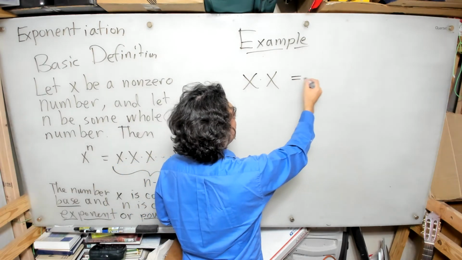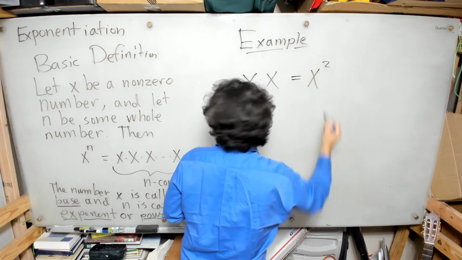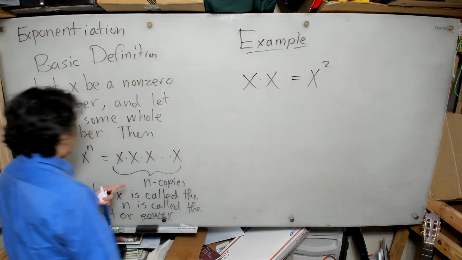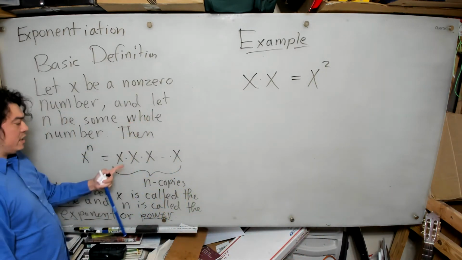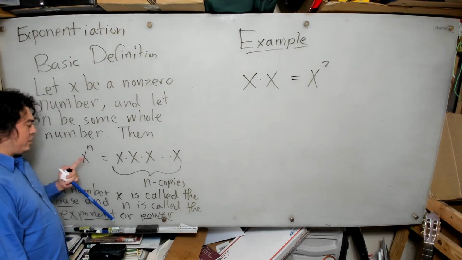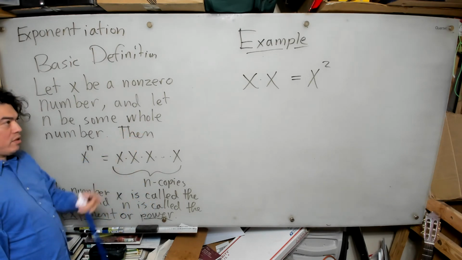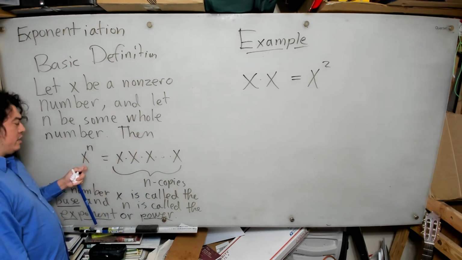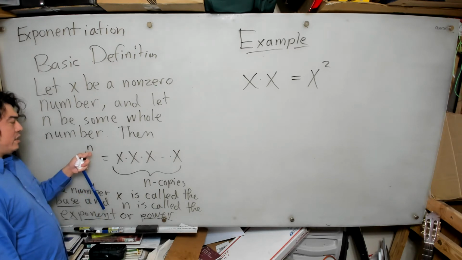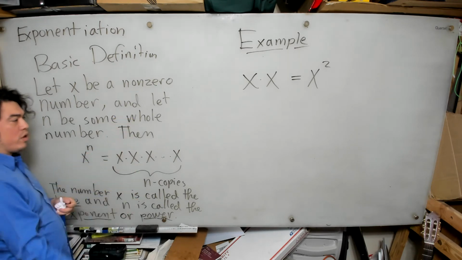Then I know that this is x squared. Why? Because there are 2 copies of x being multiplied together. So since the n refers to the number of copies of the base being multiplied, and since the base here is x, and the number of copies is 2, that's x squared.